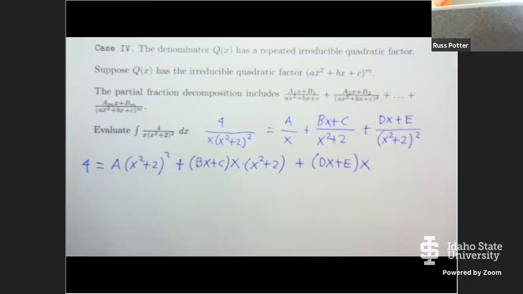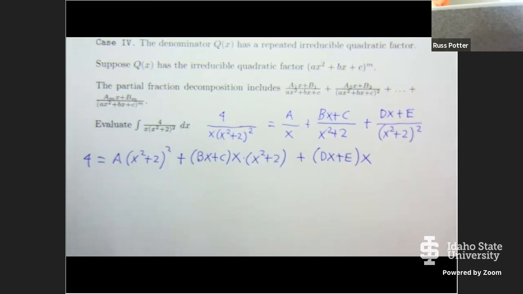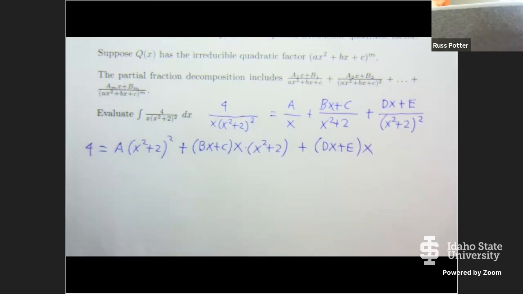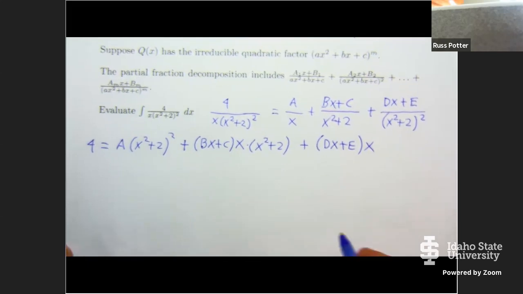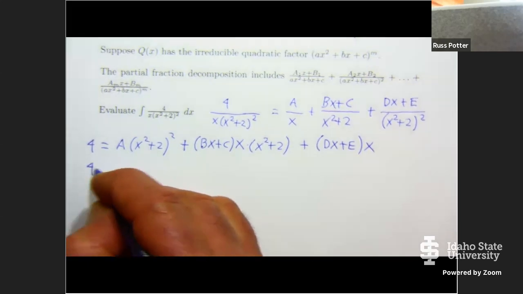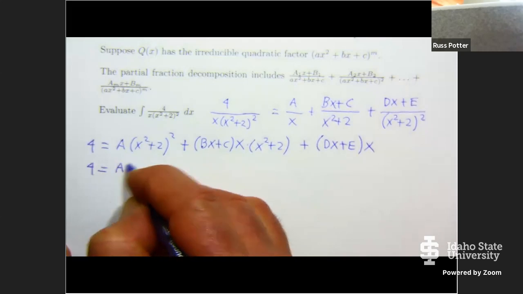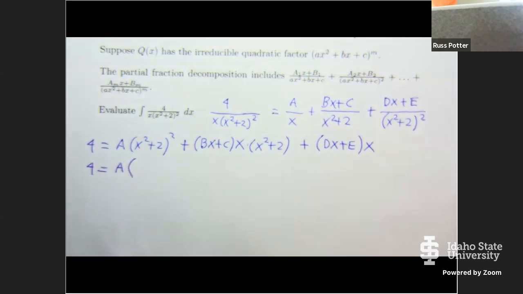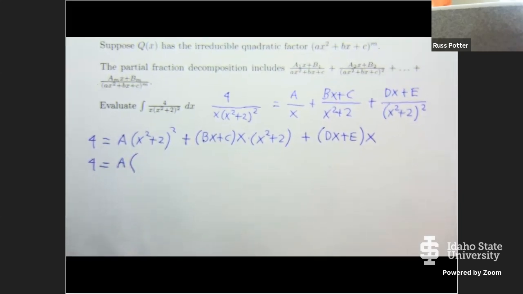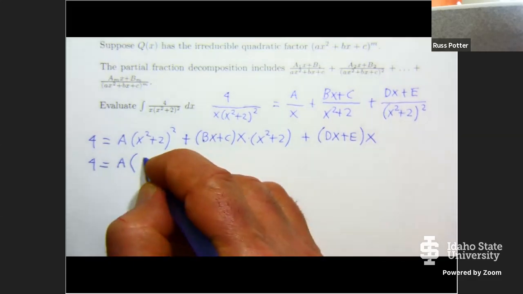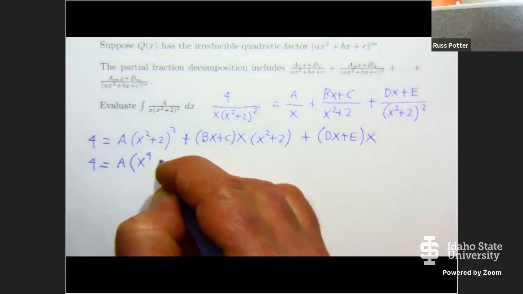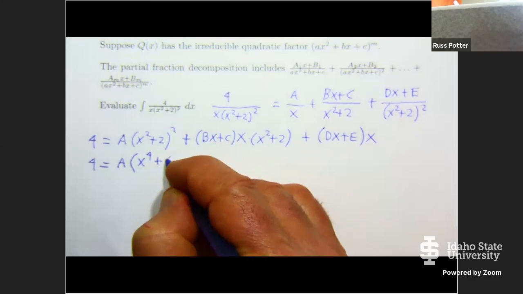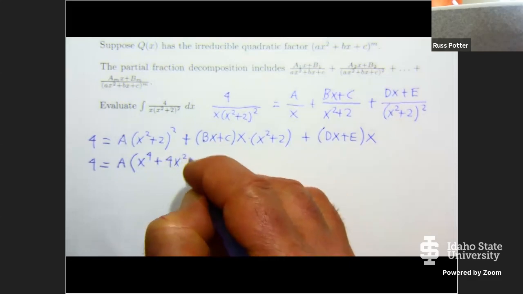Okay, we'll expand everything on the right. So the left-hand side is just the constant 4. When we square x squared plus 2, we'll get x to the 4th plus 4x squared plus 4.